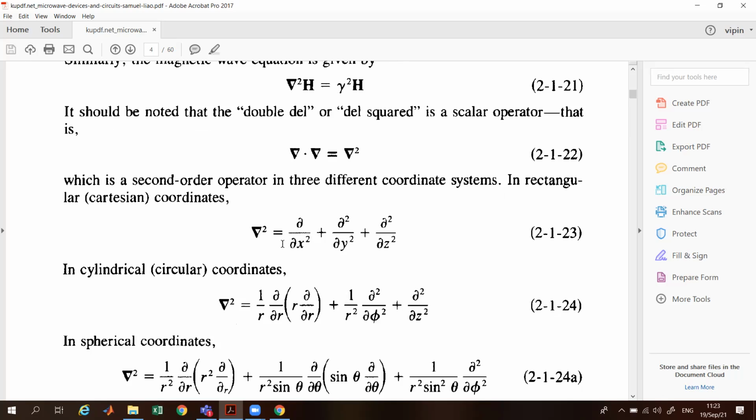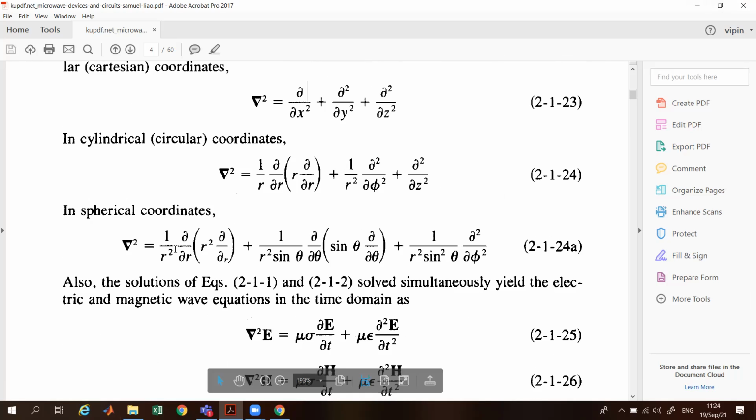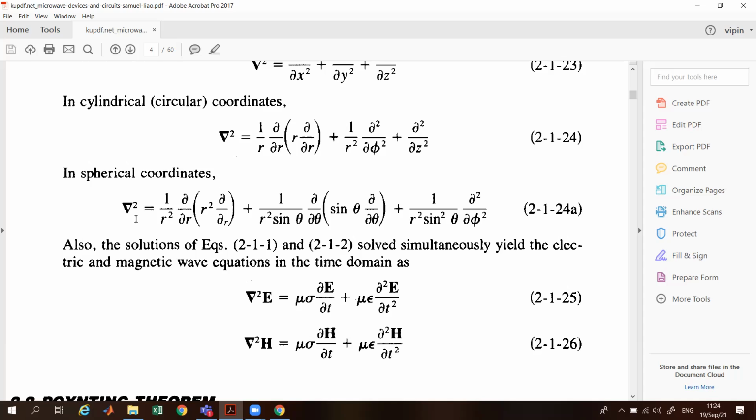So we can say del square will be equal to d square by dx square plus d square by dy square plus d square by dz square. In cylindrical or circular coordinates, it will be this. In spherical coordinates, it will be this. If any question comes with respect to circular and spherical coordinates, then I'll provide you the value of these terms.